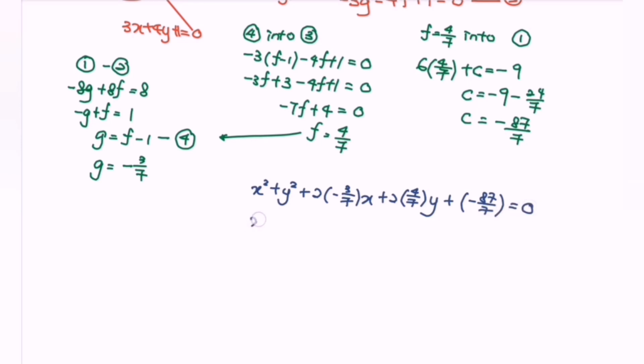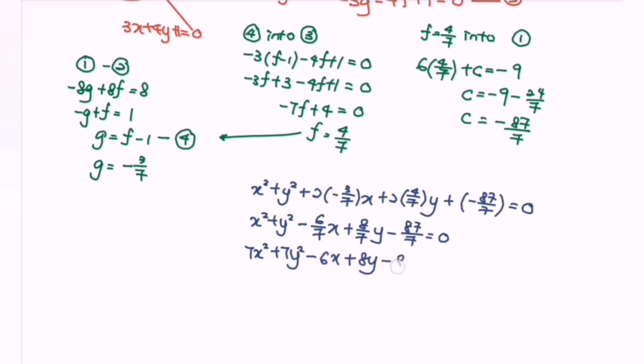So x squared plus y squared minus 6 over 7 x plus 8 over 7 y minus 87 over 7 equals 0. Multiply all the terms with 7, so we will have 7x squared plus 7y squared minus 6x plus 8y minus 87 equals 0.